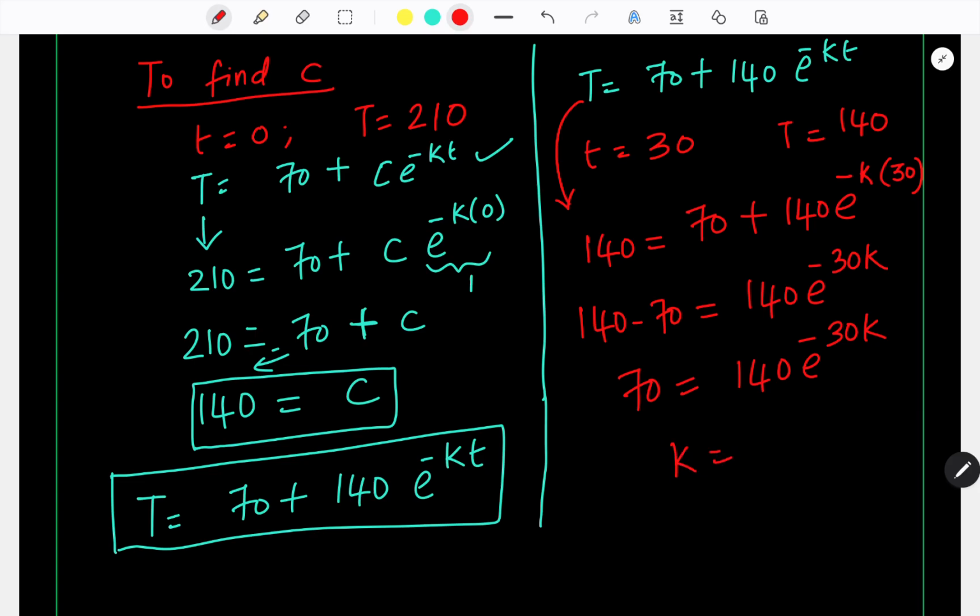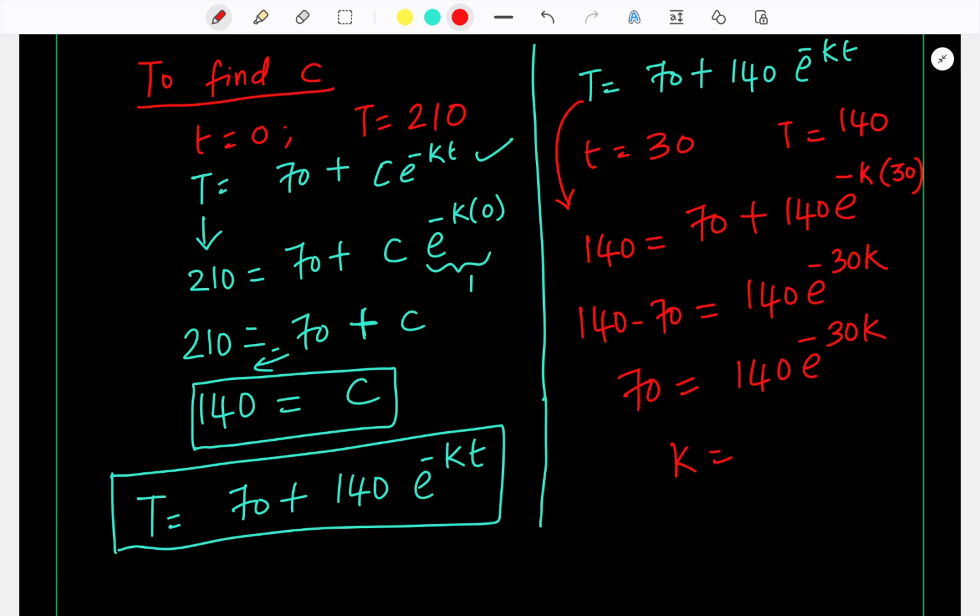So just put it in the calculator now. 70 alpha equals 140, shift e power, minus 30, bracket open alpha x bracket close, right? After that shift calc equal. How much are you getting?